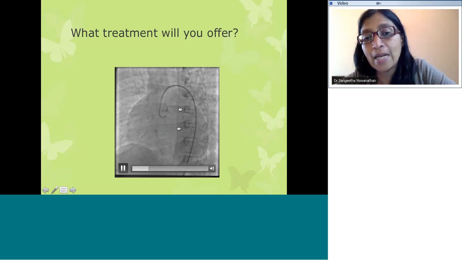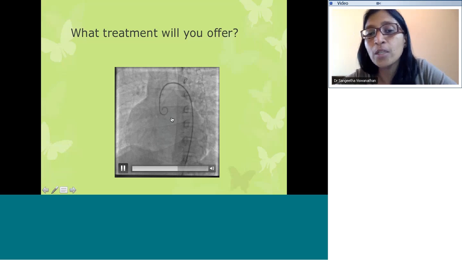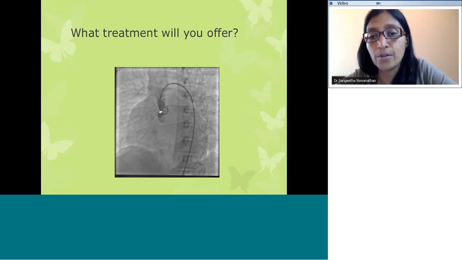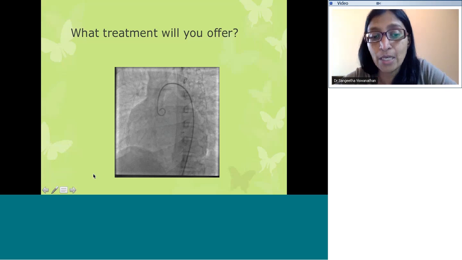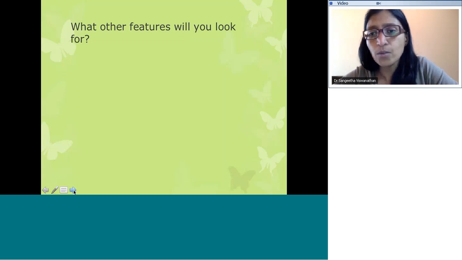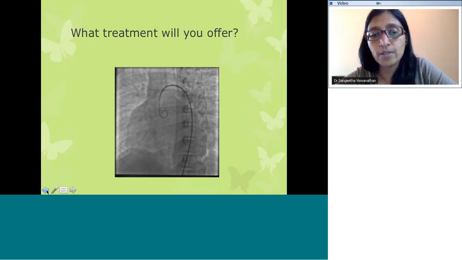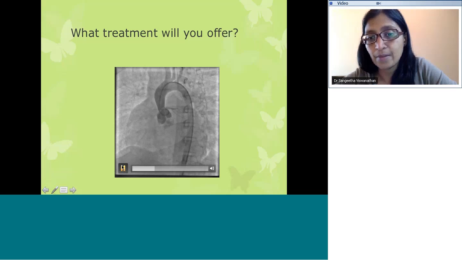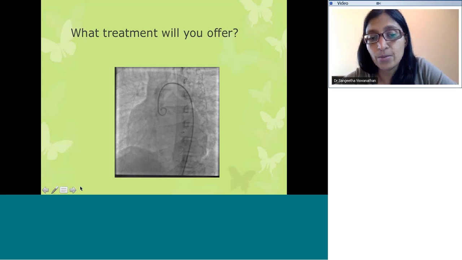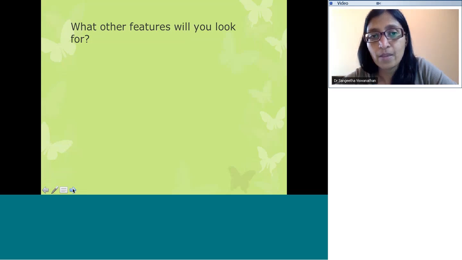So selective coronary injections are sometimes useful to give the surgeon some guidance as to how close the coronaries are to the area of stenosis and whether they are actually involved in the stenosis, so that he can make a surgical plan. So what treatment will you offer for this patient basically? It's only surgery. Right? So basically the patient will need a repair of the supravalvular aortic stenosis by surgery.